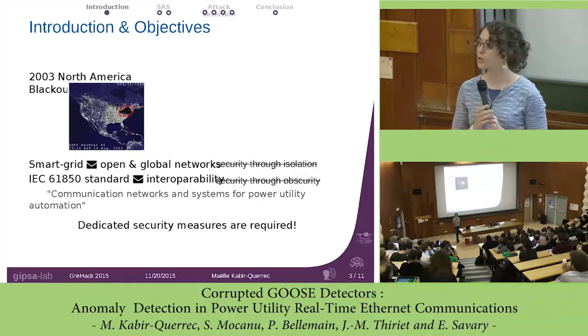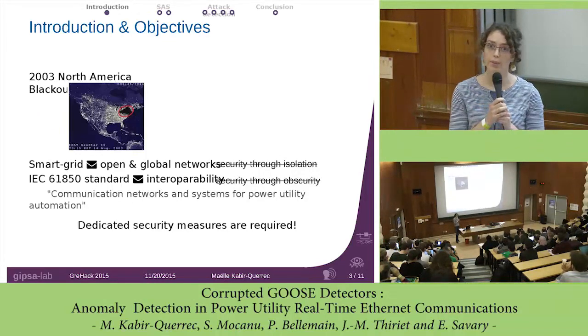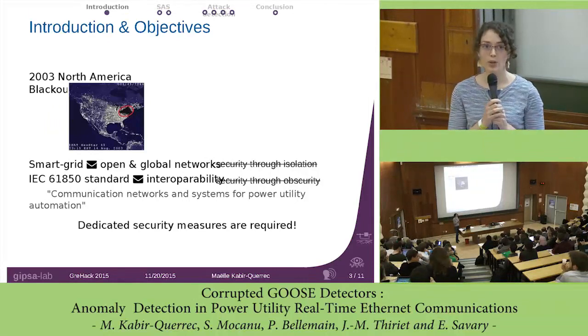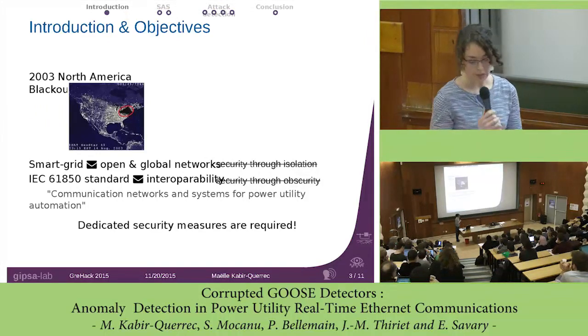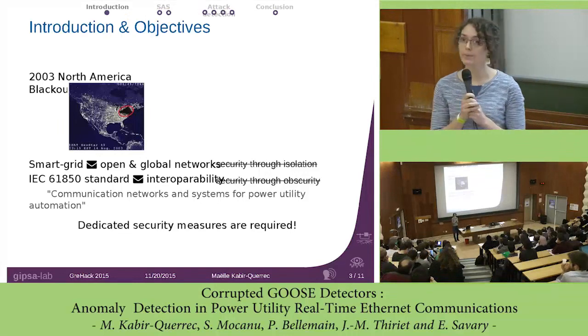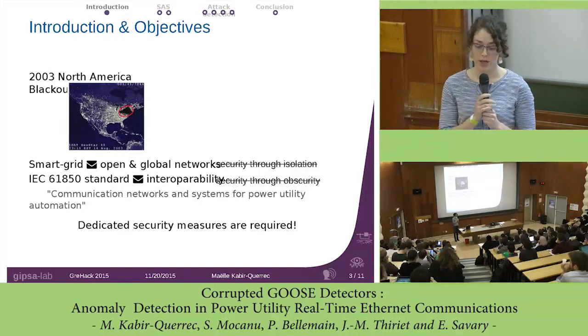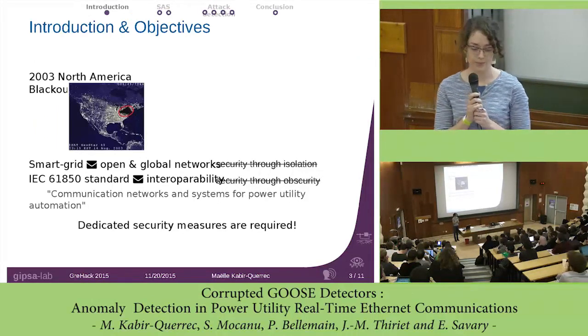This is what we call smart grid. I guess you have already heard this word. So smart grid is the power grid with a layer of ICT dedicated to automation. The power grid automation network has become very open and connected to very global networks.